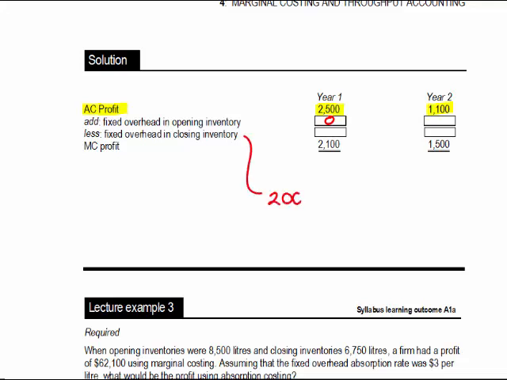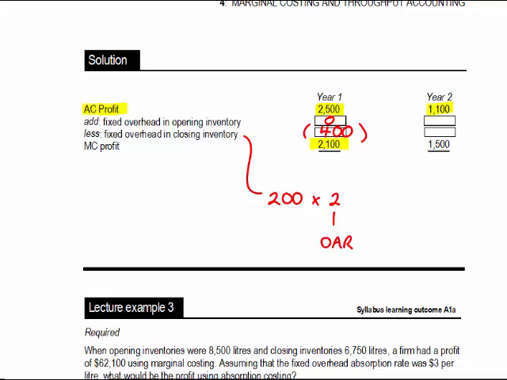Each one of those closing inventory units had $2, which was our overhead absorption rate per unit. So we've got 400 in our closing inventory, and if we take that off, we come back to our marginal costing profit of 2,100.